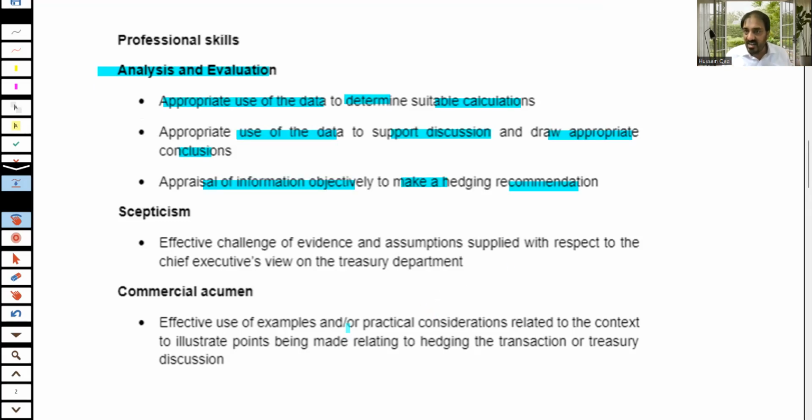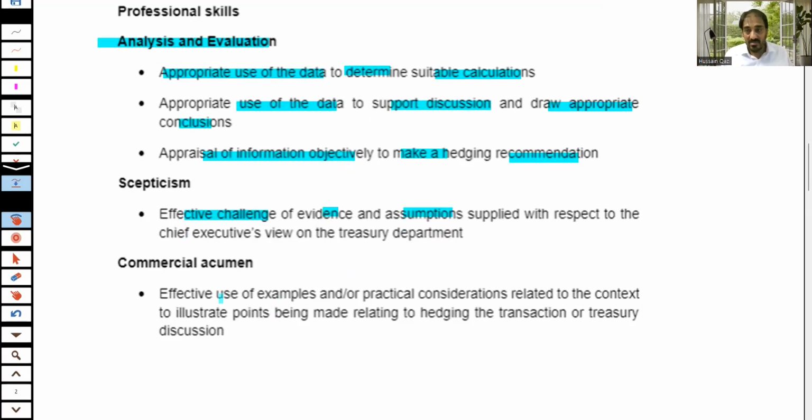Moreover, you can definitely challenge the evidence or assumptions in part A as well, for example basis assumptions, margin assumptions. Commercial acumen: effective use of examples or practical considerations related to the context to illustrate points being made relating to hedging transactions. Treasury discussion, ignore this.